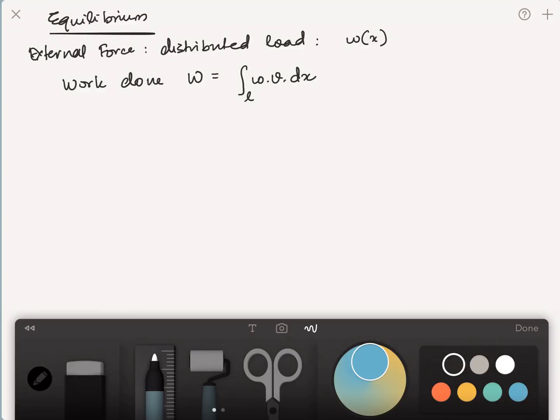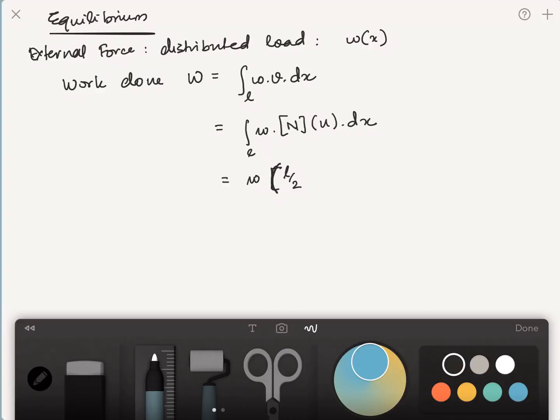You always have to have out of plane forces which are then derived into moments, etc. Now in this work done relation, we can substitute the V, which was derived as an approximate behavior function, which can be given as N times U. Now we know that the N is the only one that's actually depending on X. So if we integrate N over L from 0 to L, then we will get, I'm not going to do the integration now, but what you will get quite easily is W times L by 2.